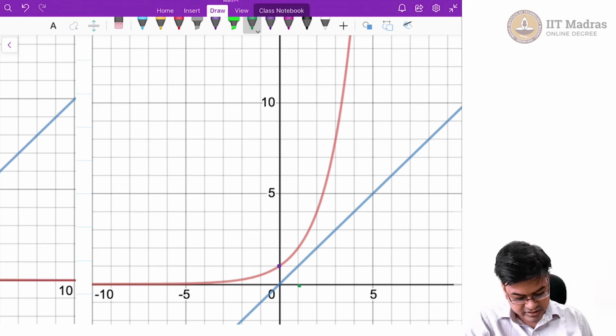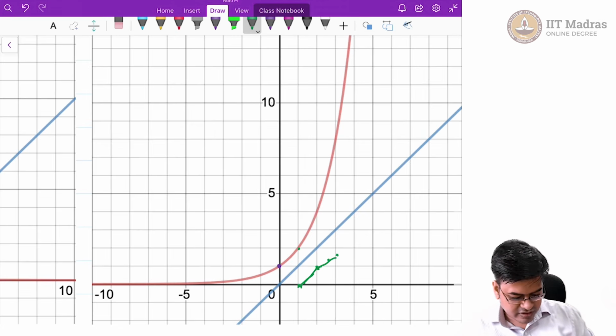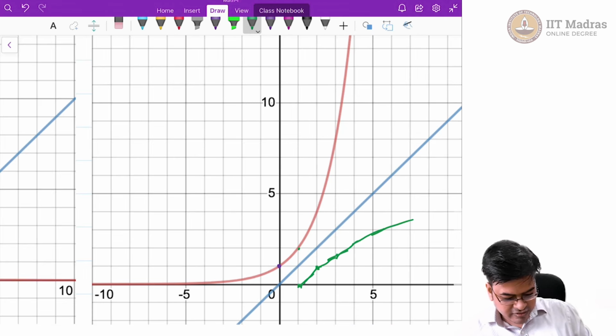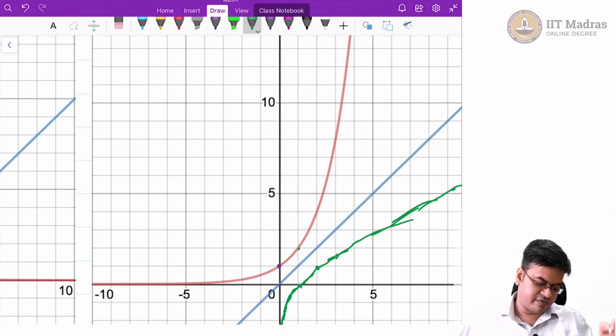So it's a reflection along the line y equal to x, and it is relatively easy to draw. This point is reflected here, that point is reflected here, and then I can join the curve like this. It will be the exact mirror image of the original function. Roughly, this will be the graph.